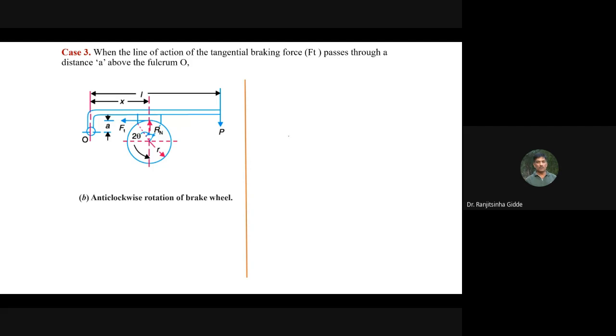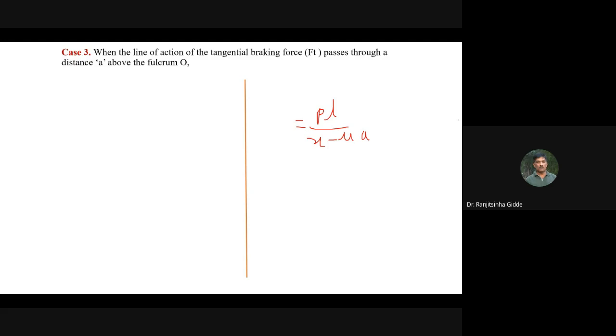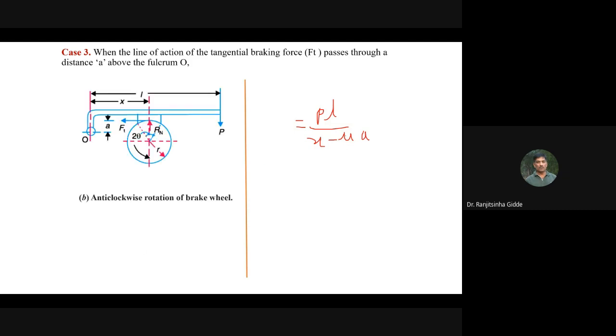So for this, what will be the normal reaction? This PL upon x and there will be mu a. This we have seen. For this, here there will be a plus sign. Only this much change.